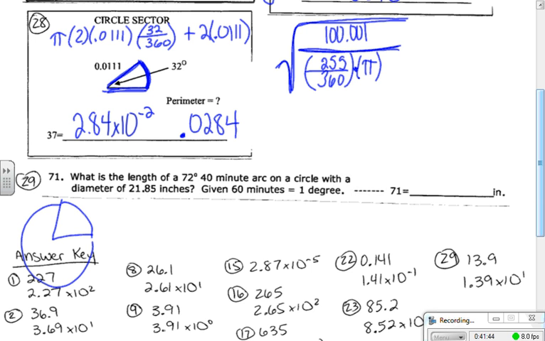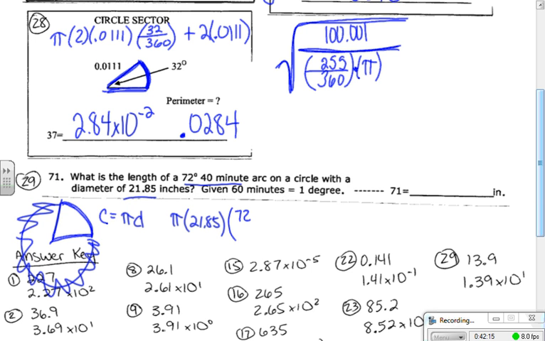So we have a diameter of 21.85 inches, so circumference is pi times diameter, so we're going to have pi times 21.85. And that gets us the entire distance around, but we don't want all of this. We want just the section that's on our segment. And so what you're going to need to do is take our angle that we know, it's 72, and since there's 60 minutes in a degree, we have 40 minutes.